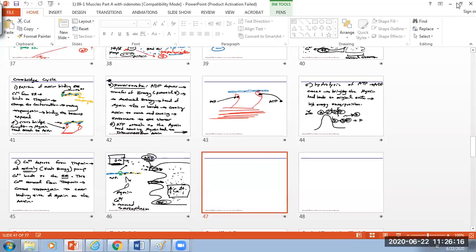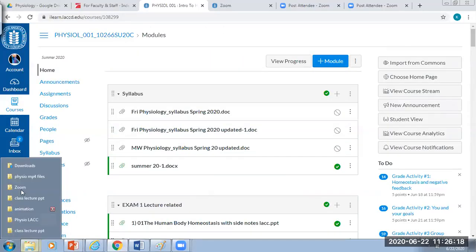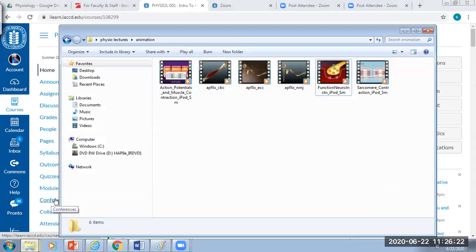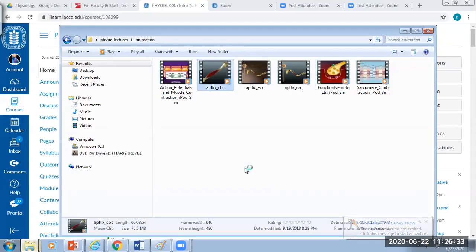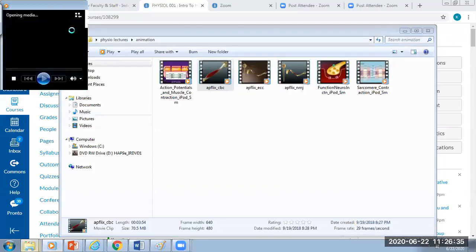Let's discard this and take a look at the animation. This is called cross bridge formation. Let's take a look at that.